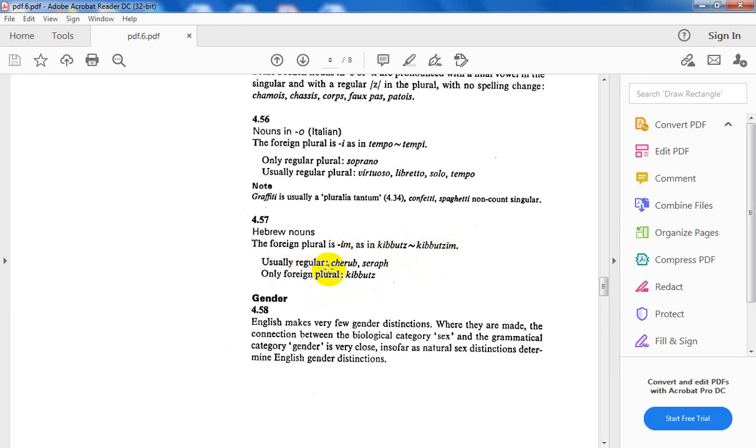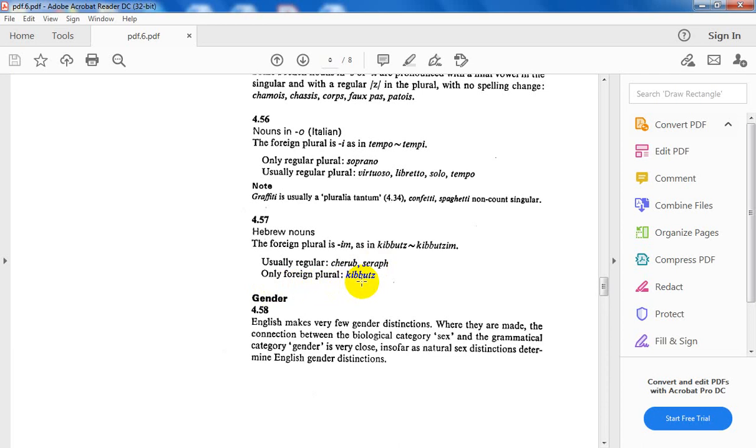Usually regular: cherub, cherubs, seraph, seraphs, adding s. Only foreign: kibbutz, kibbutzim. This is the end of what concerns the foreign plural and all the forms concerning the regular and irregular plurals.